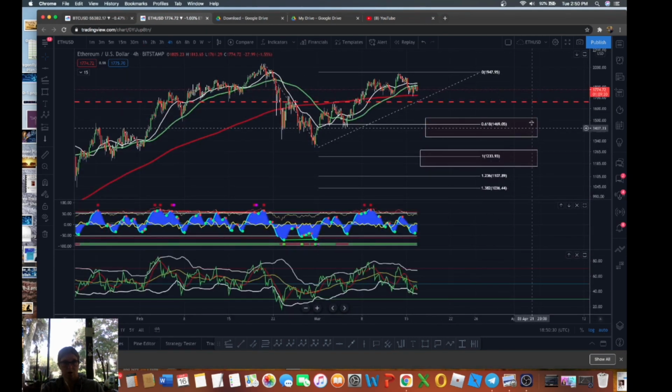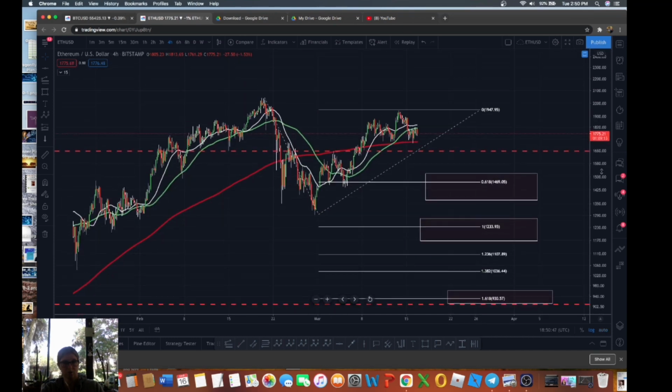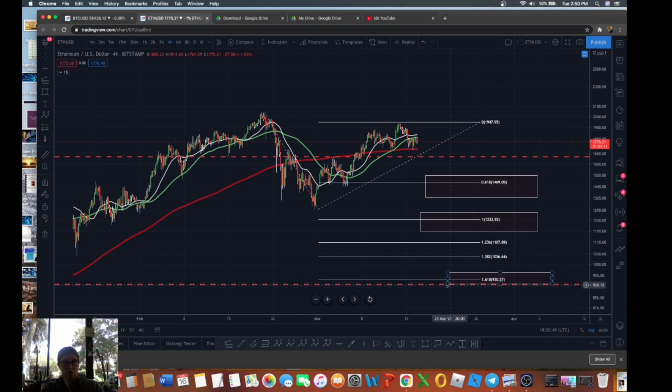But the first target I'm looking for on ETH is the 618, which is 1469. Then I will be looking for the 1-to-1, which is 1233. And then once we break that, if we do, I'll be looking for the lower extensions. Worst case scenario, I don't see us going past 930. Worst case scenario.